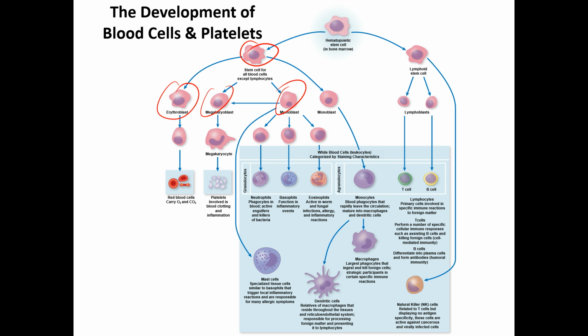All right, so looking at each of these specific types of cells. In this case, your basophils and your mast cells are mainly going to be involved in allergic responses. You may see an increase in eosinophils as well.